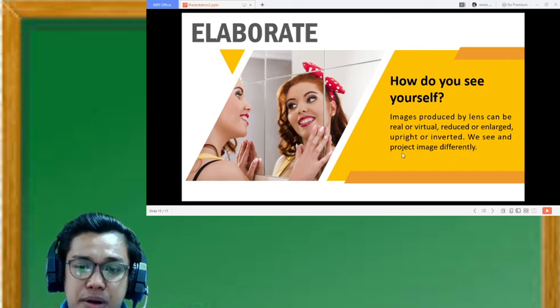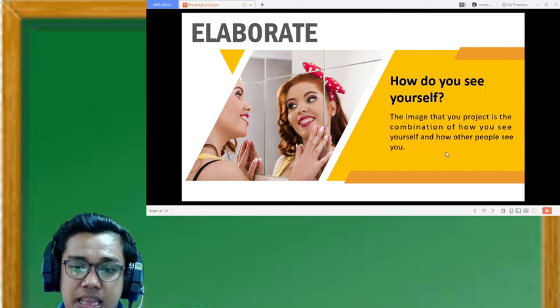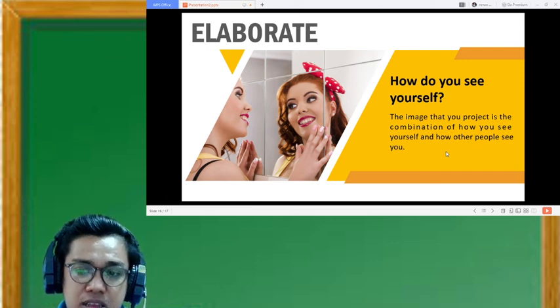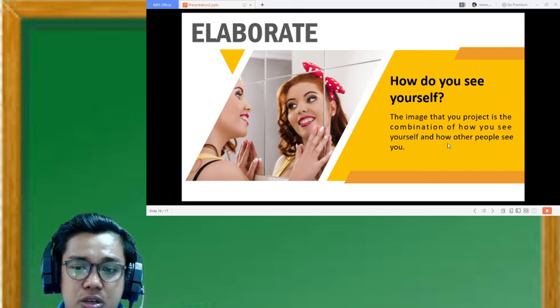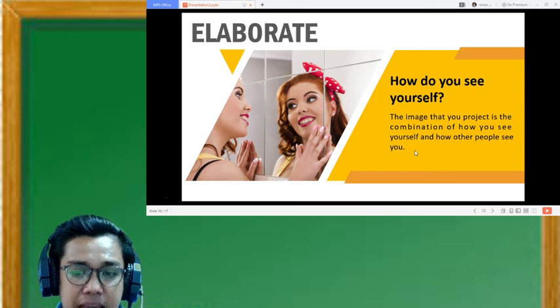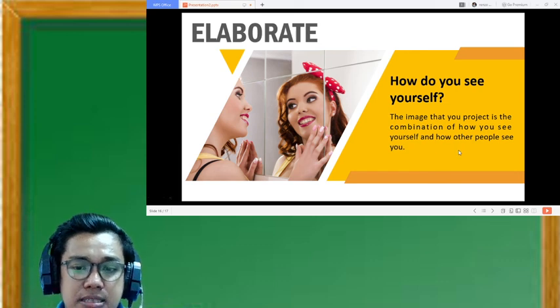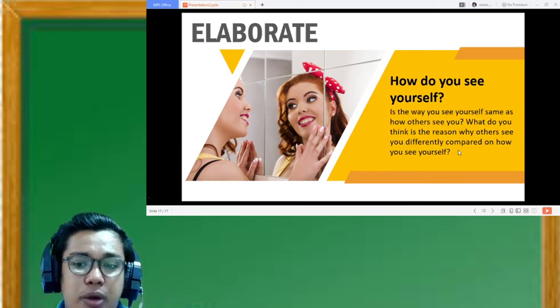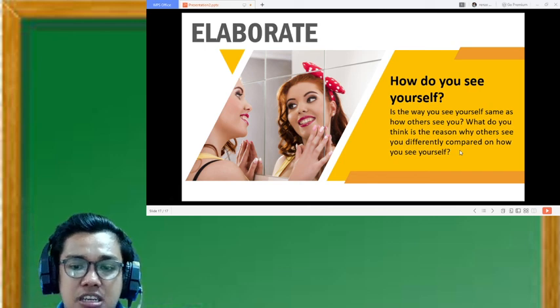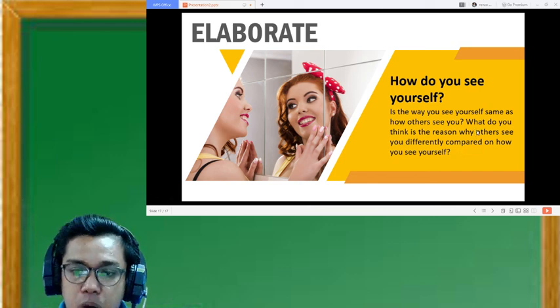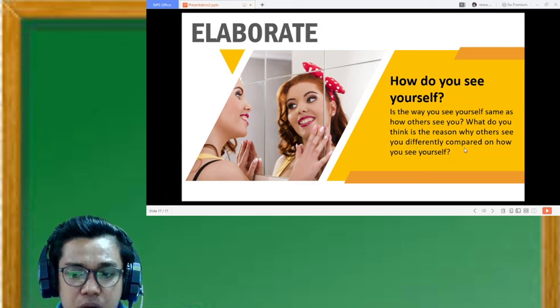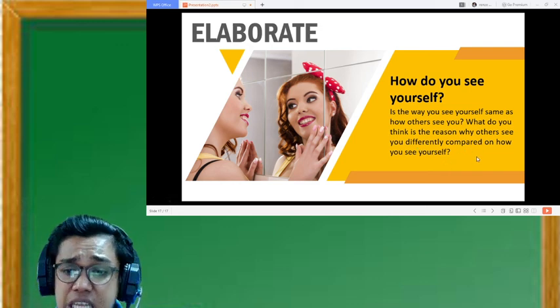We see and project images differently. So the image that you project is the combination of how you see yourself and how other people see you. It is the way to see yourself the same as how others see you. What do you think is the reason why others see you differently compared to how you see yourself?